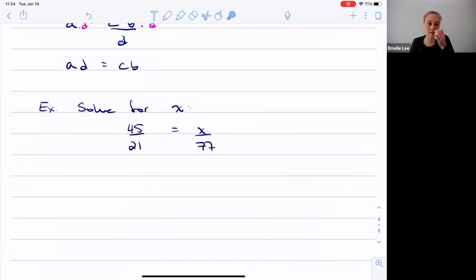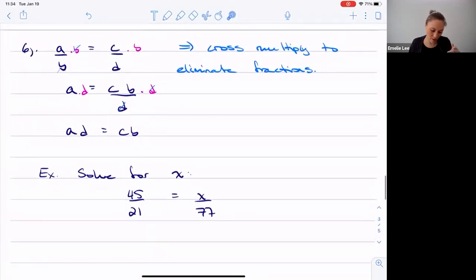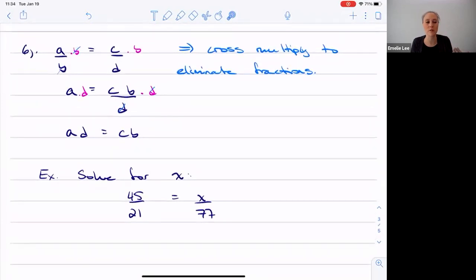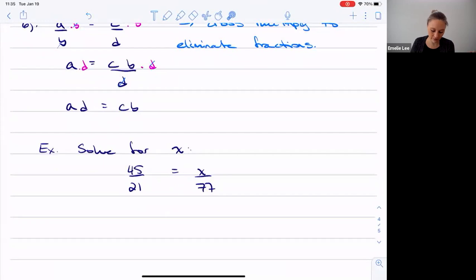Kind of a baby problem, but as soon as we see that, I can just cross multiply. I can multiply this 21 over to the right-hand side, and I'll be able to shake out that x. If you're solving for x, you want to get it on its own, of course.